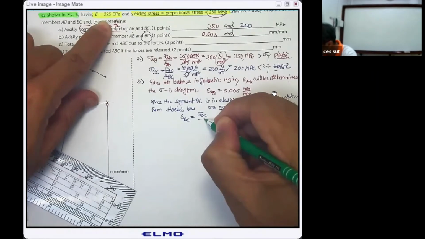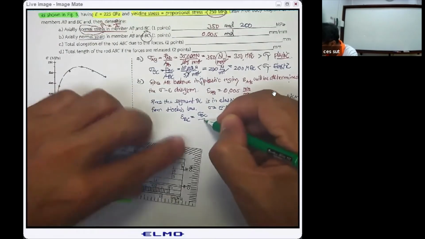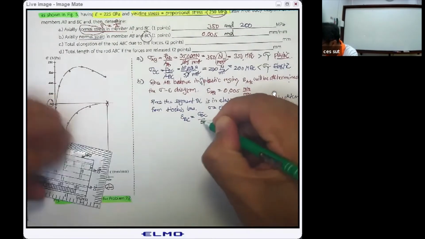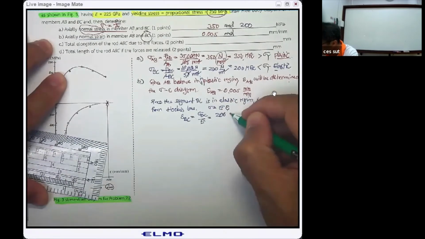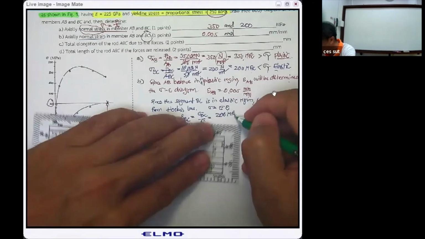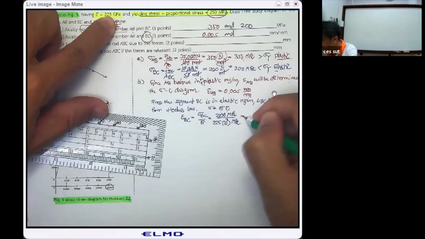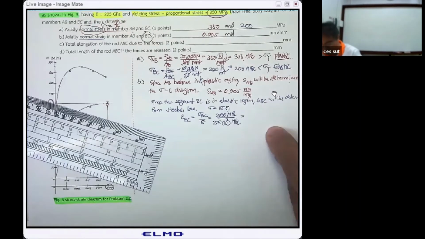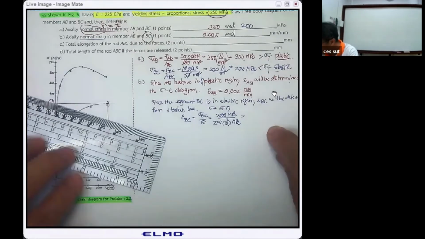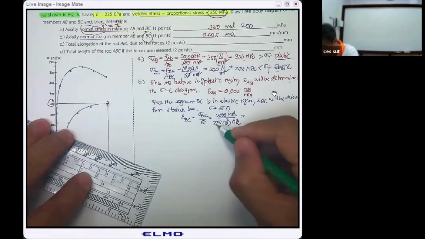What we have is going to be 200 megapascal, and then it's going to be divided by 225 times 10 to the power 3. We change gigapascal to megapascal, and then you put it into your calculator. You're supposed to get 200 divided by 225.